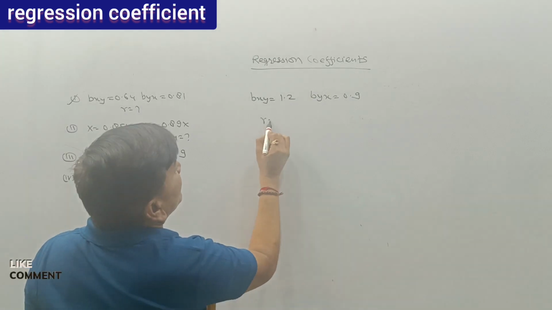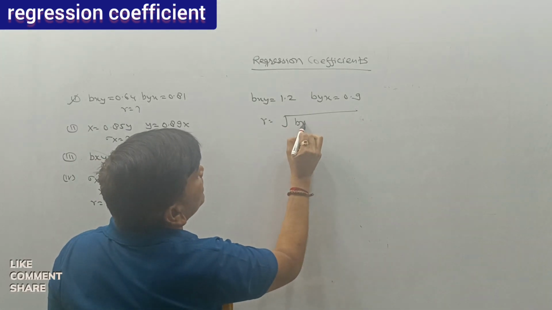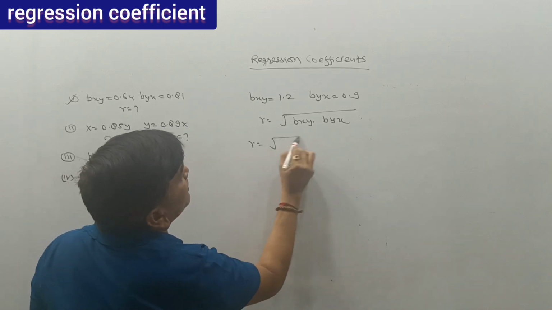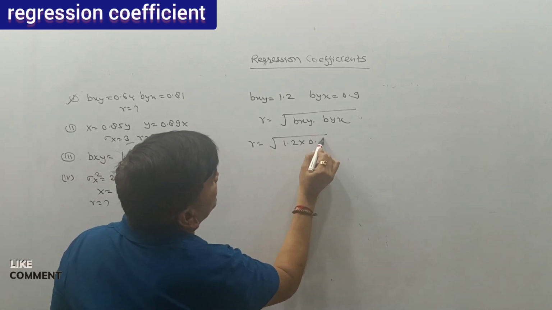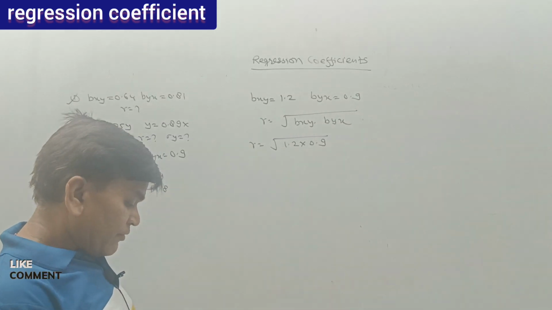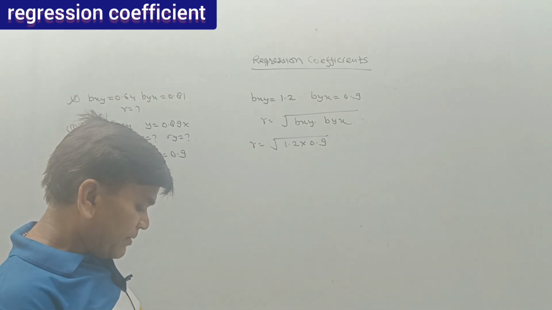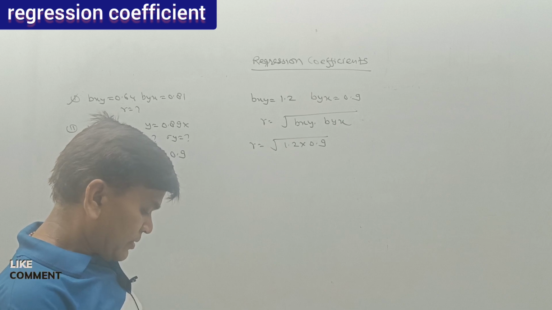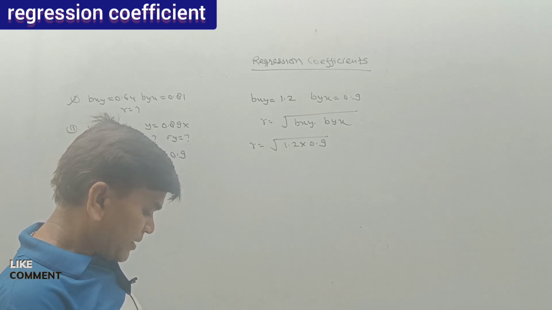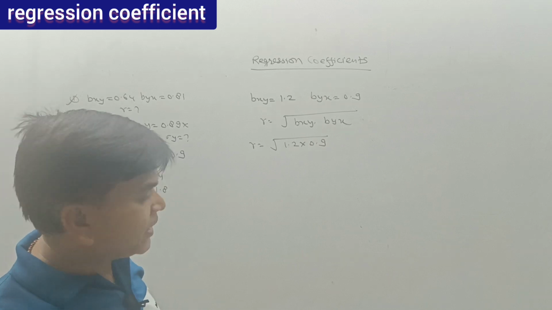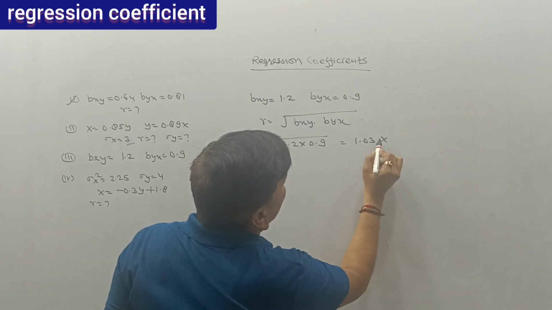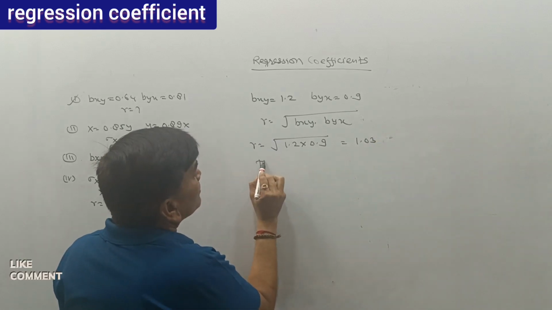To get the value of r, we know that r is the under root of bxy multiplied by byx, so 1.2 multiplied by 0.9. The under root of this is 1.03. It means this is wrong.